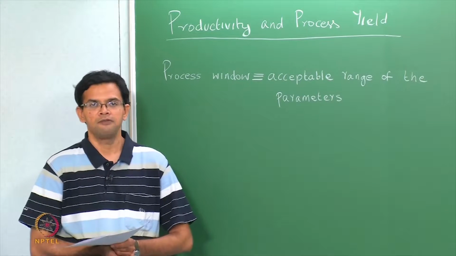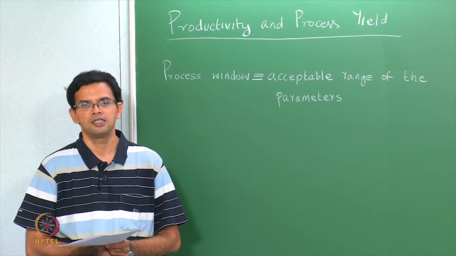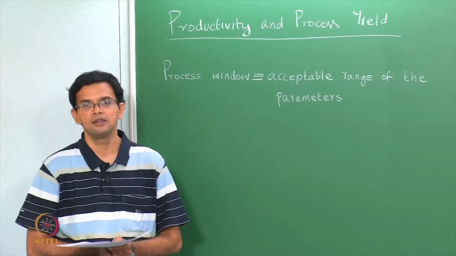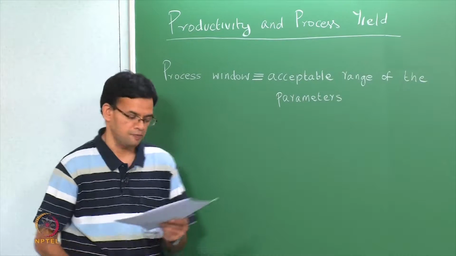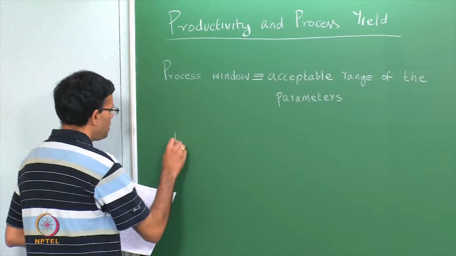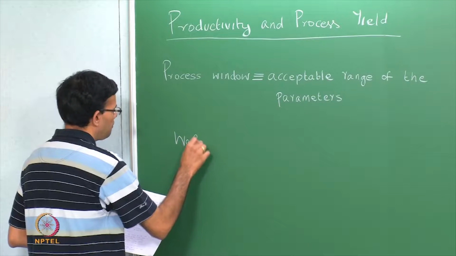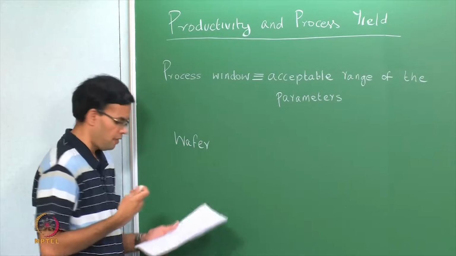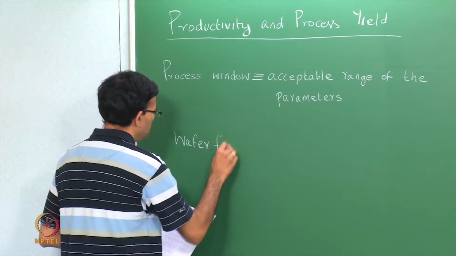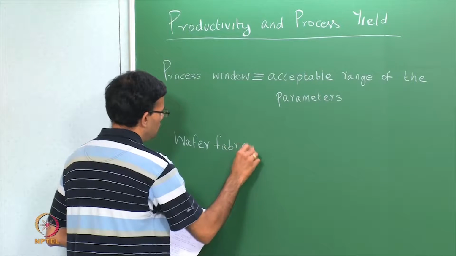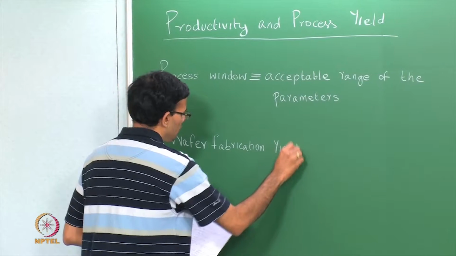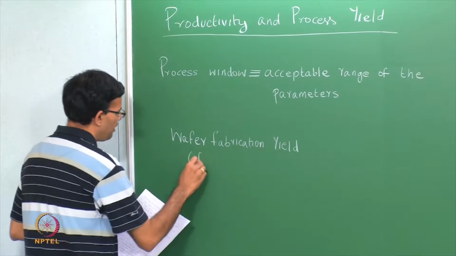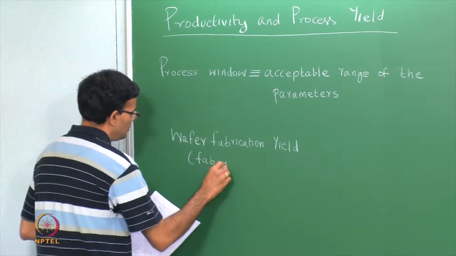So, for this manufacturing we usually define something called a process yield, and there are three main measurements of process yield. So, the first one is called the wafer fabrication yield or fab yield. This is usually abbreviated as fab yield.